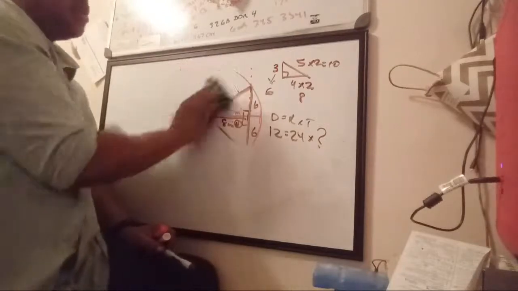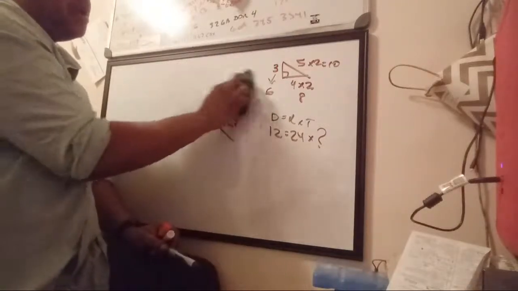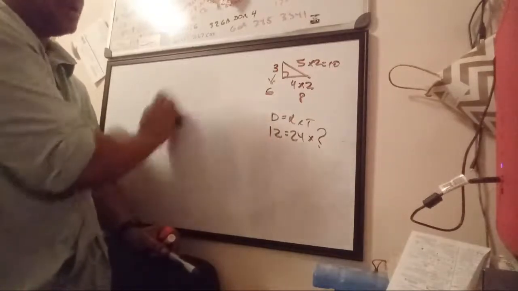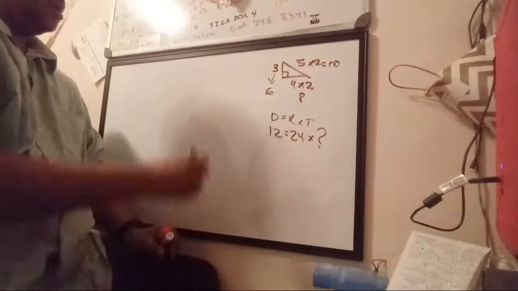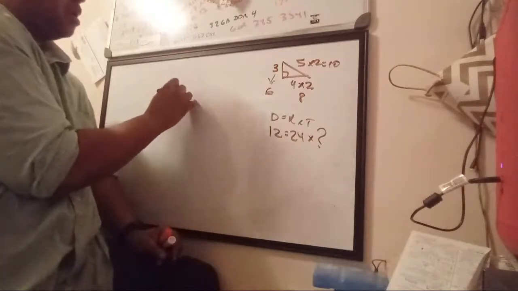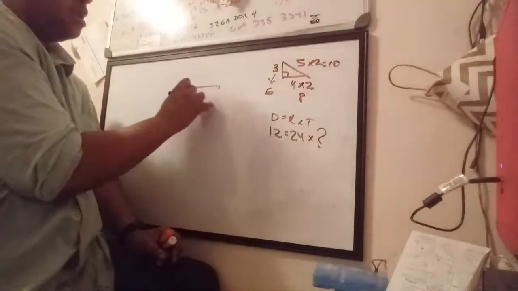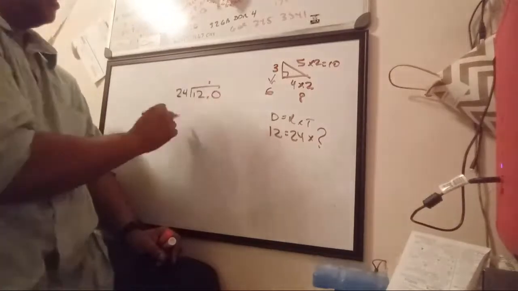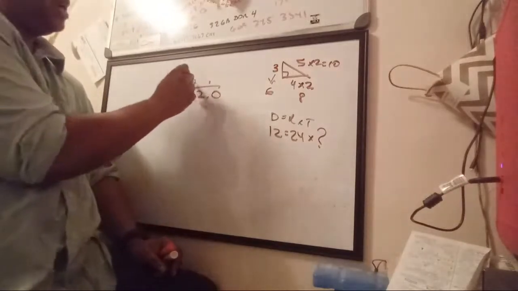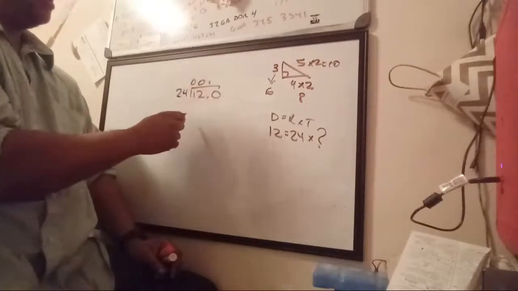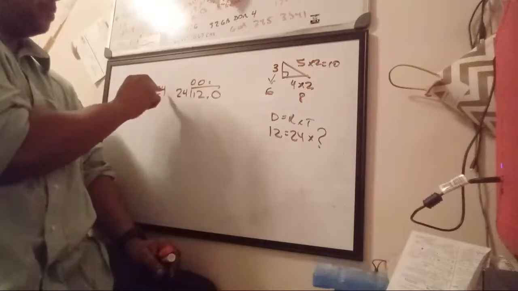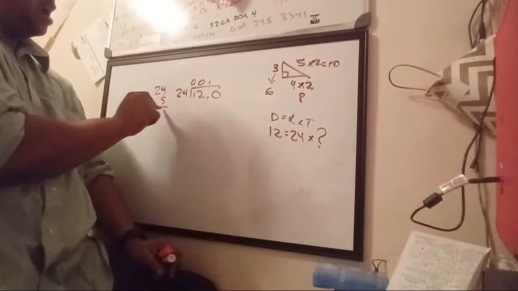So what is 12 divided by 24, guys? 0.5. Very good. 24 can't go into 12, but 24 can go into 120 5 times.